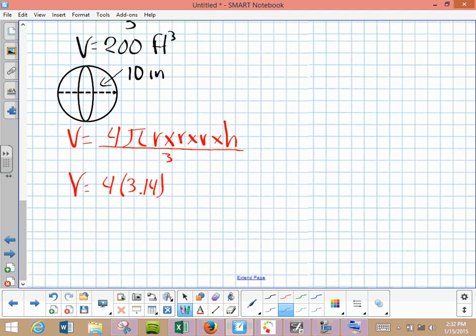3.14 times 5 times 5 times 5. What is the height? It did have H, right? Can you look in the book? In the agenda, I'm pretty sure it had H. I'm sorry.